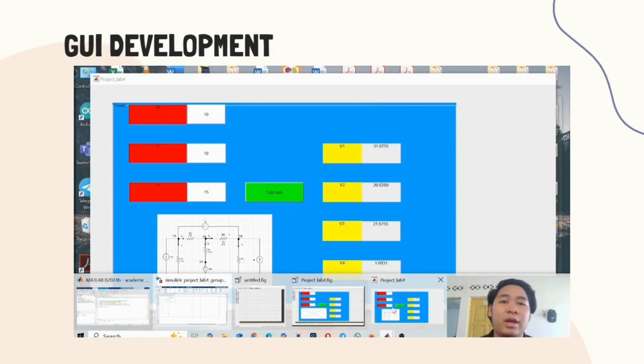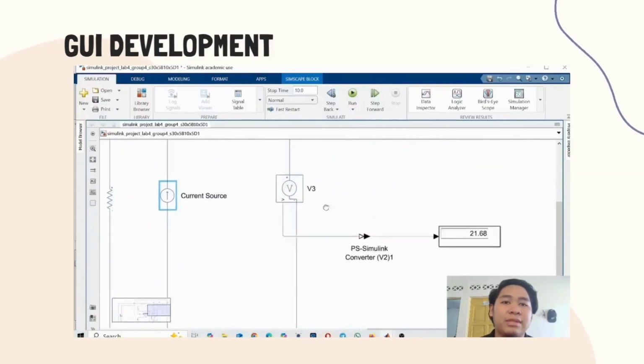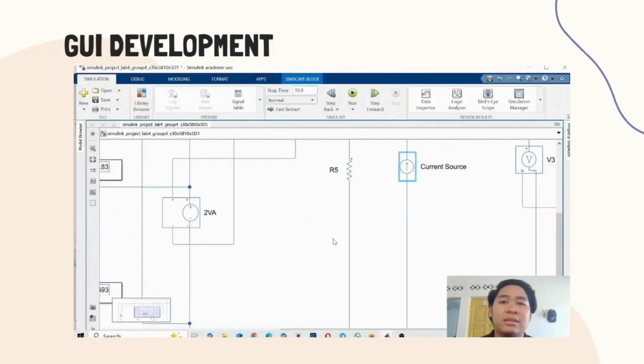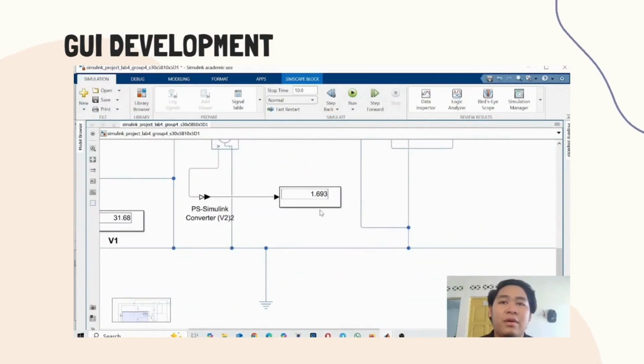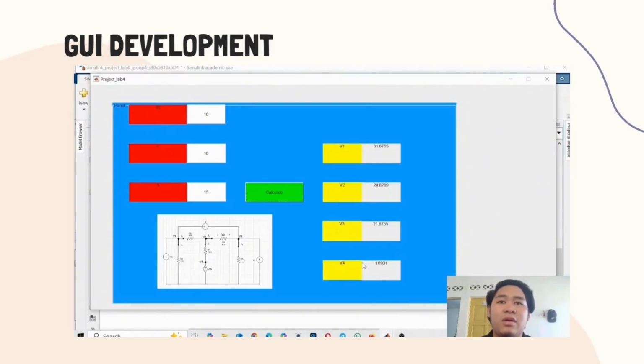V3 is 21.6755, and in the Simulink it is 21.68. And for the last, V4, 1.693, and it is 1.693. So all the values are the same as our Simulink.